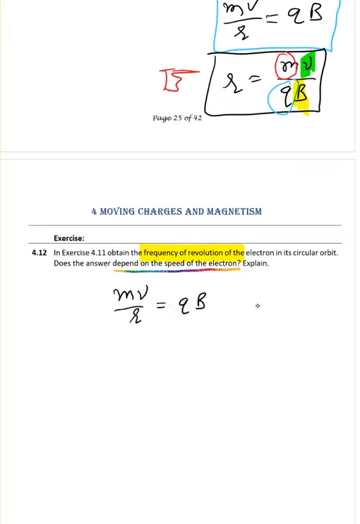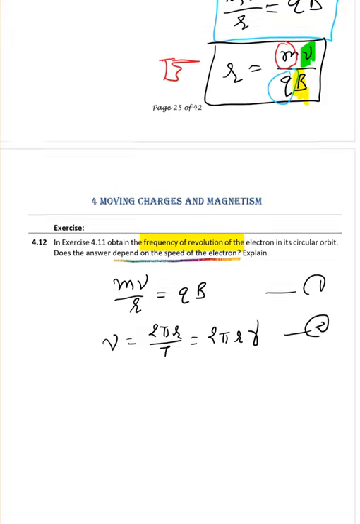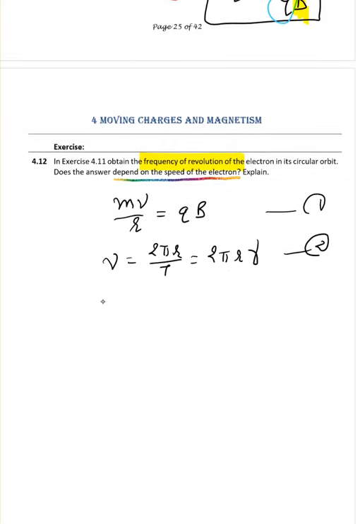And we know that speed is distance upon time, so 2 pi r by T, or else I can say it is 2 pi r f. So if I use 2 in 1, what I have is m into 2 pi r f upon r is equal to qB.